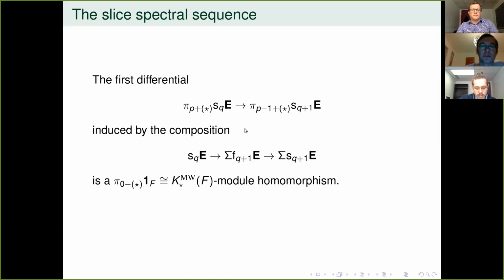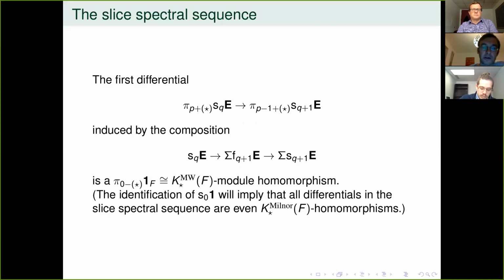And just because this comes from some map of motivic spectra, it has to be a module homomorphism with respect to Milnor-Witt K-theory. So this is nothing specific about the slices at all, but something will happen for the slices. We will see soon what the zero slice of the sphere is, and this will imply that, in fact, all the differentials in the slice spectral sequence are actually Milnor K-theory module homomorphisms. And this will turn out to be very convenient sometimes.